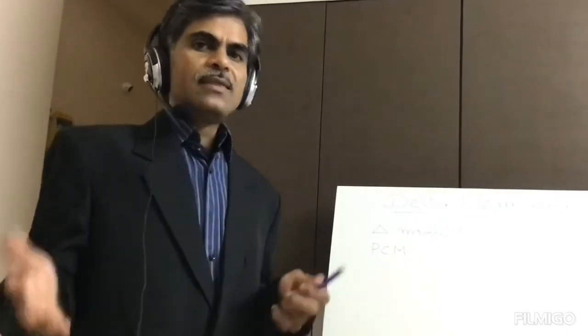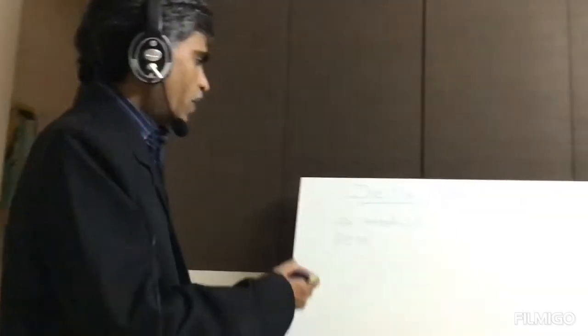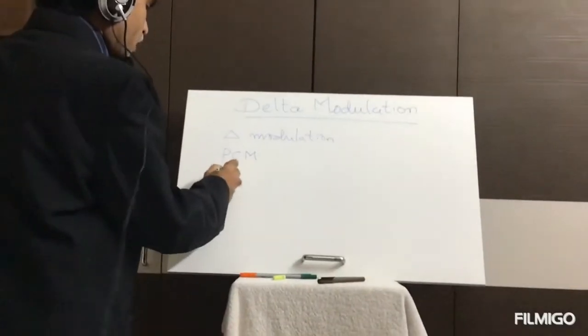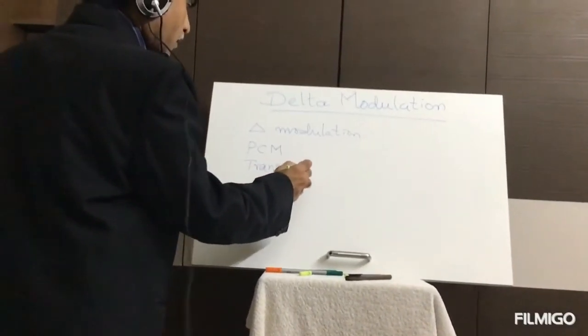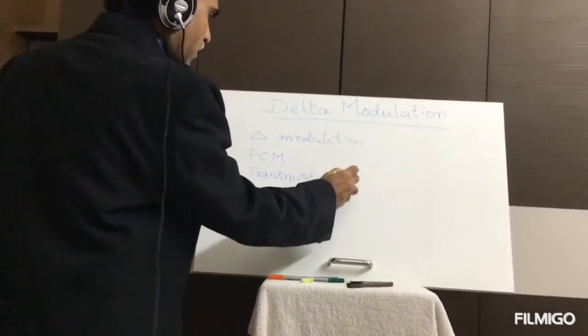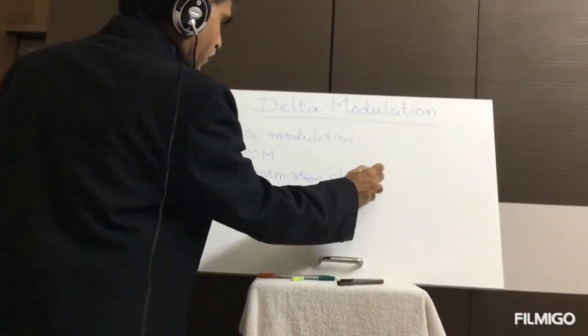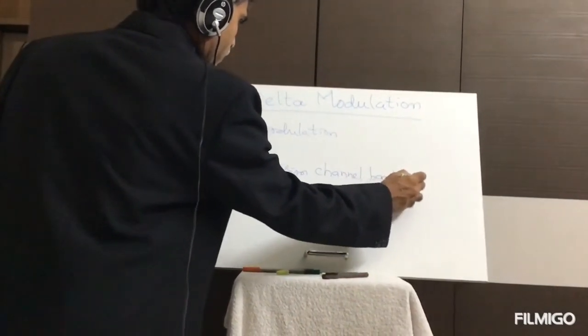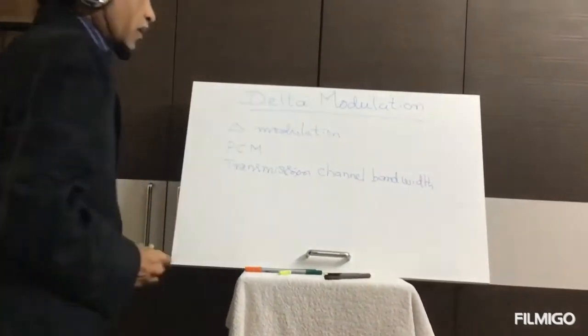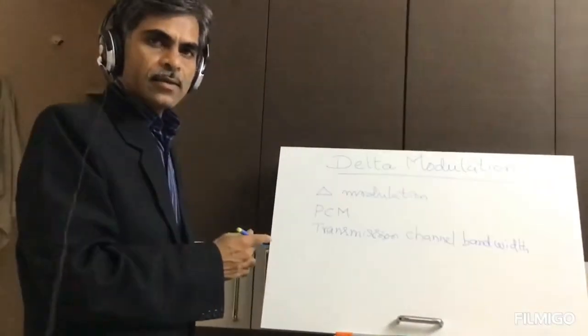As we already know, there are 2 important resources in communication. One is the transmission channel bandwidth, another is transmitted power.